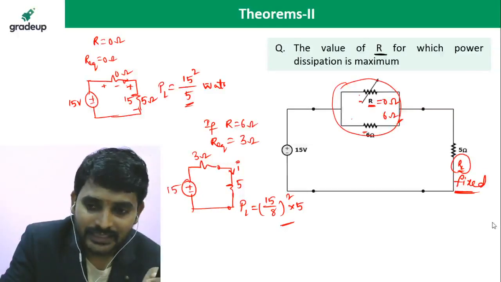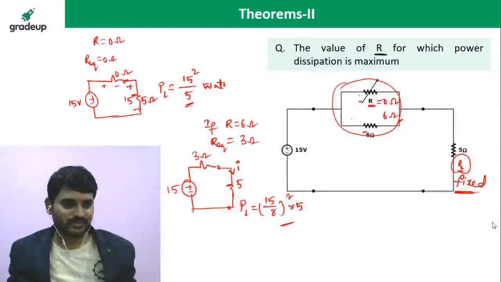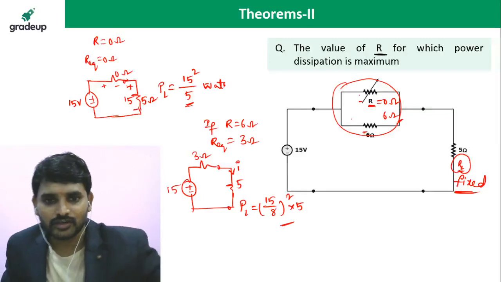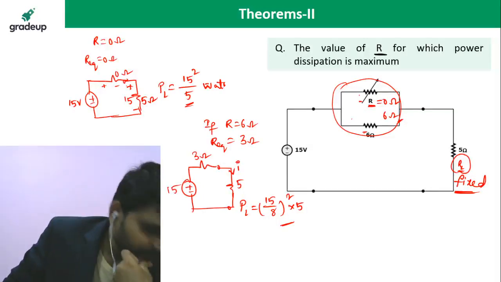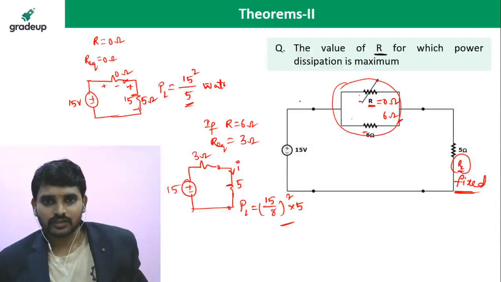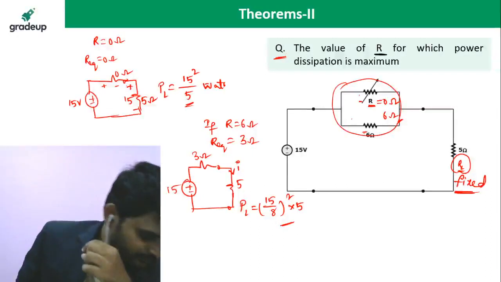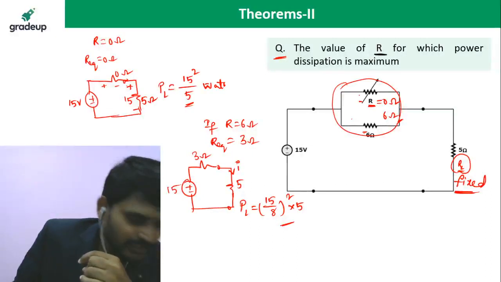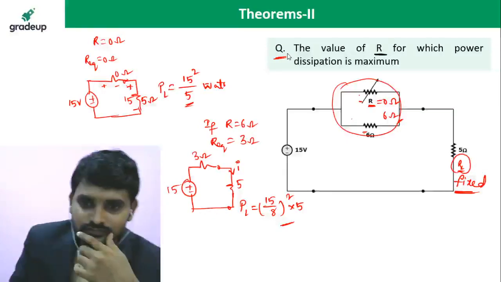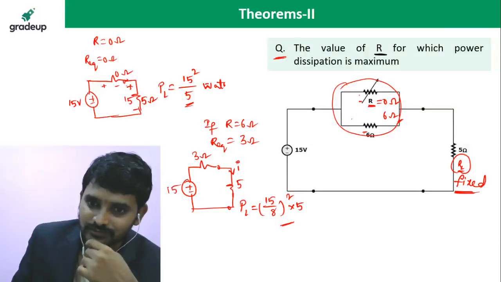If 0 is not the option available out of the 4 options given to you, what could be the best possible option for you if 0 is not there? Anybody? Can anybody tell me the answer? If 0 is not given to you. Very good, Monica. Excellent. Very good, Nitesh. Very good, Abdul.